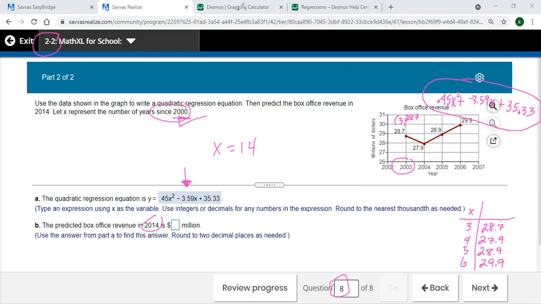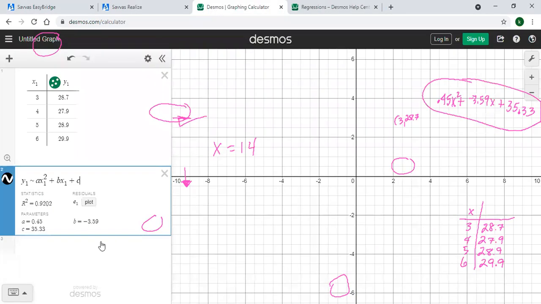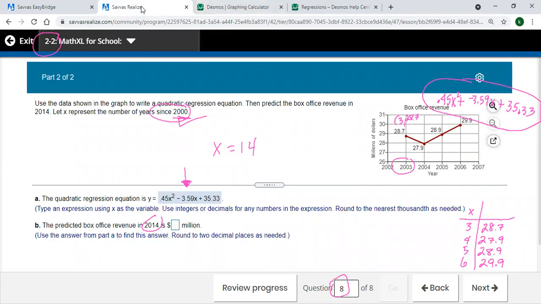I've got my decimals right over yonder. We'll just type it in decimals and have decimals work it out. So 0.45. What number was I putting in again? 14. I'm going to put 14 into each of these X's up here.